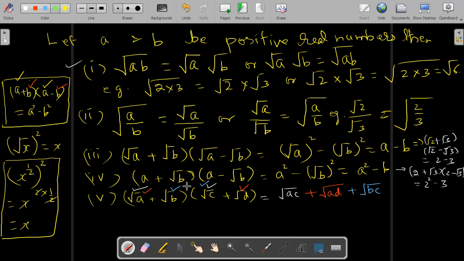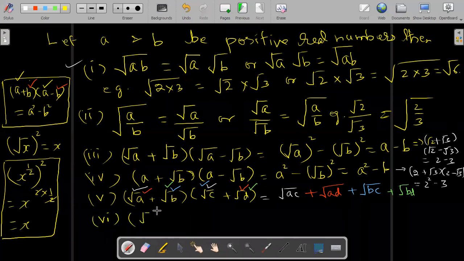Then you multiply under root b with under root d, so it will become under root bd. Simple multiplication.